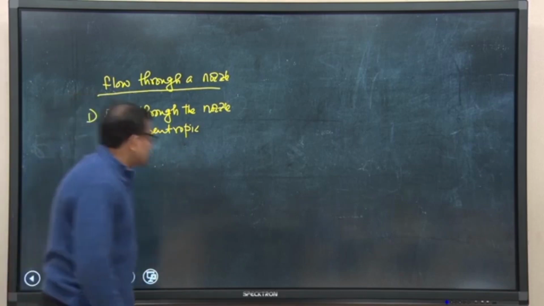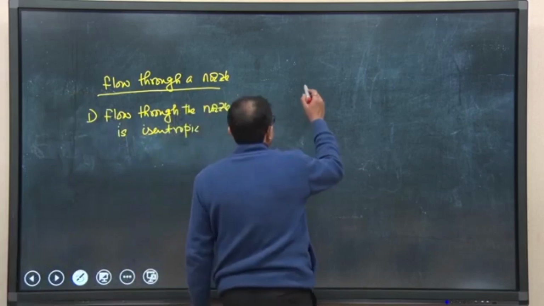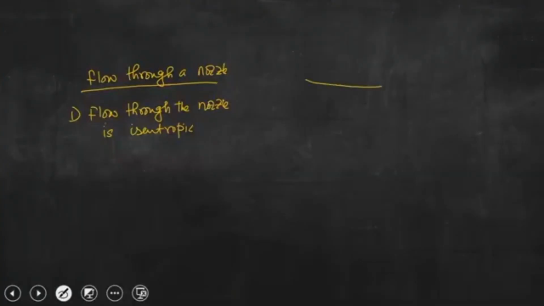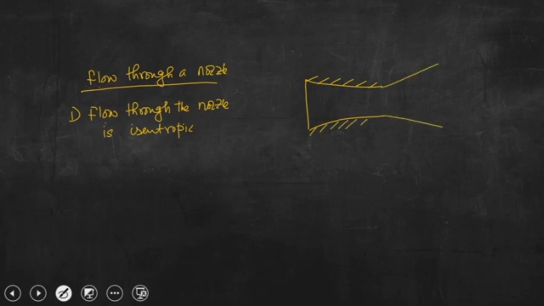So, if that is the nozzle, we assume that this is convergent divergent type, this is 2, this is 1.